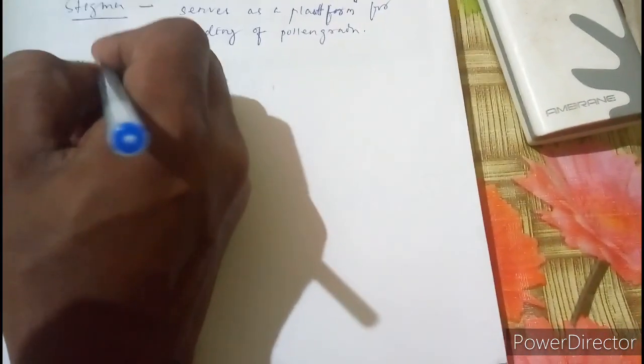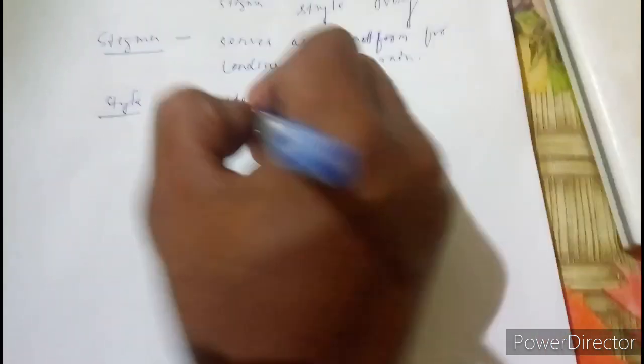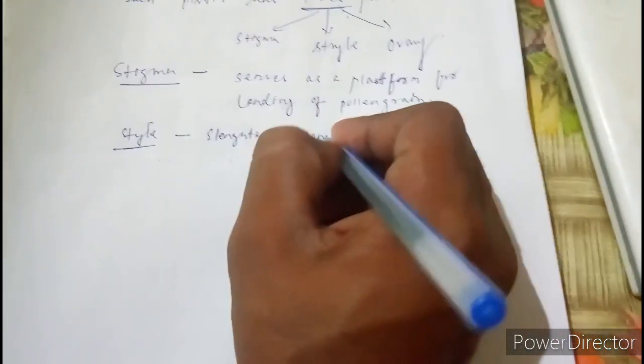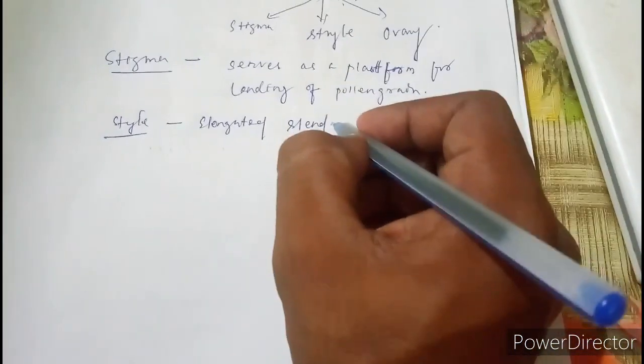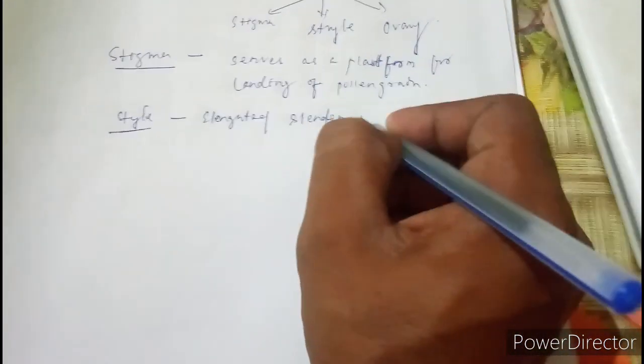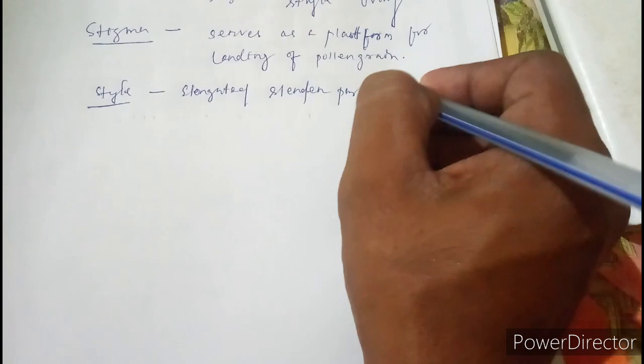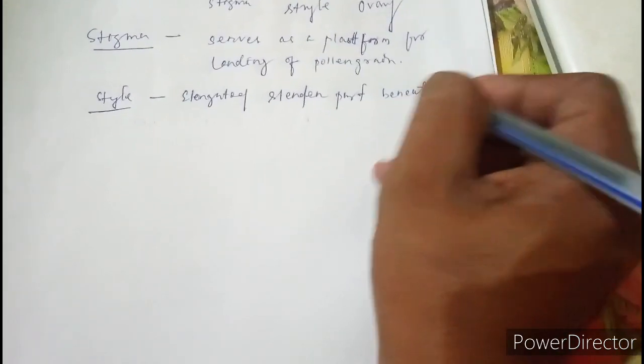Style is the elongated slender part beneath the stigma.